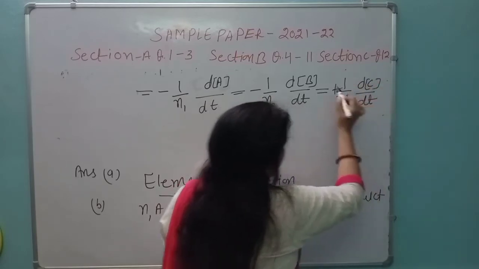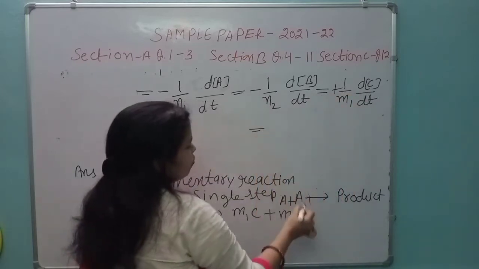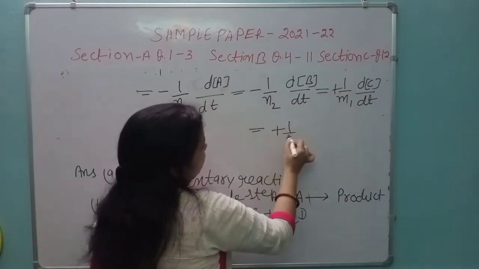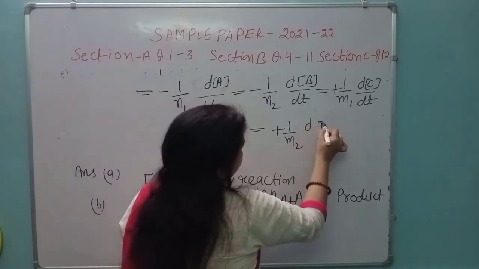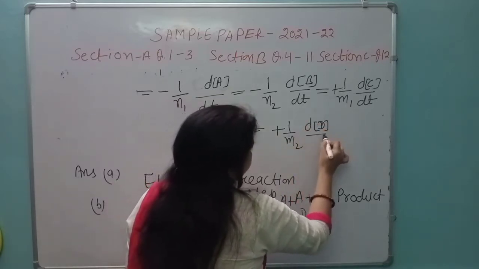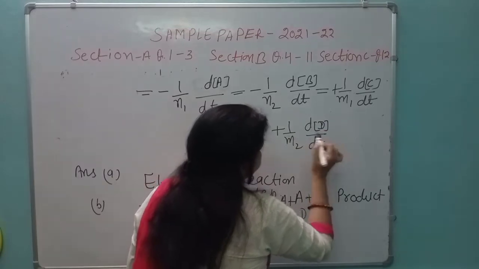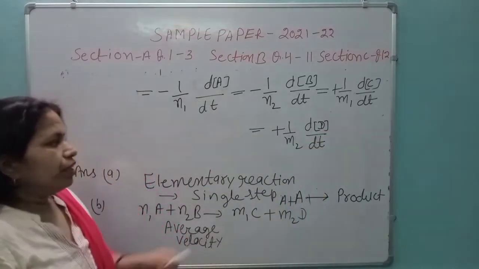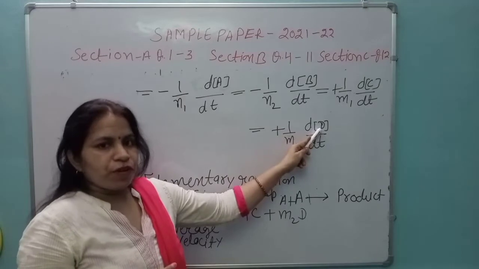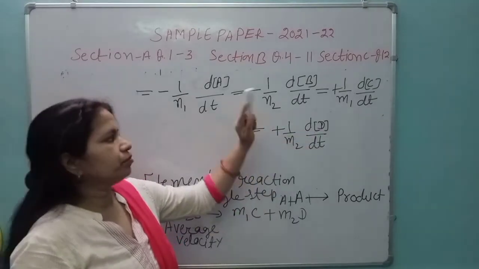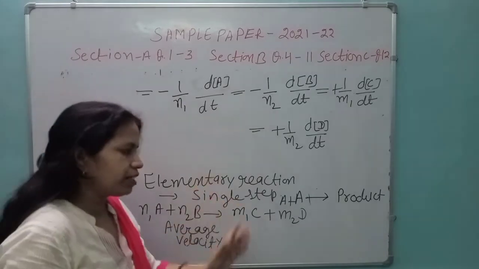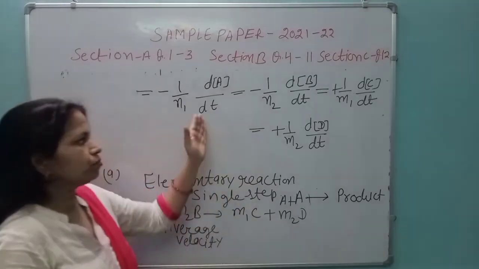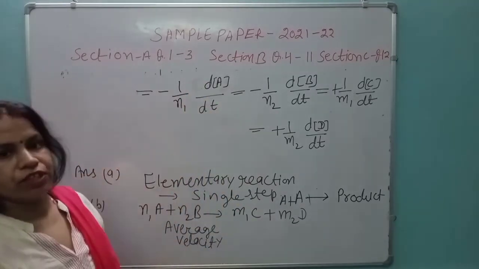And again, plus 1 by m2 d concentration of D upon dt. So the concentration of the product increases with time while the concentration of the reactant decreases. So this is how to write the average rate, the velocity of the rate. So is this question clear?